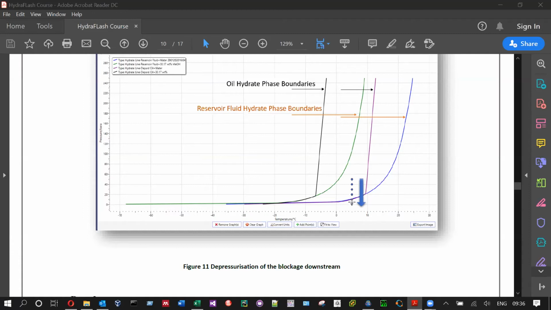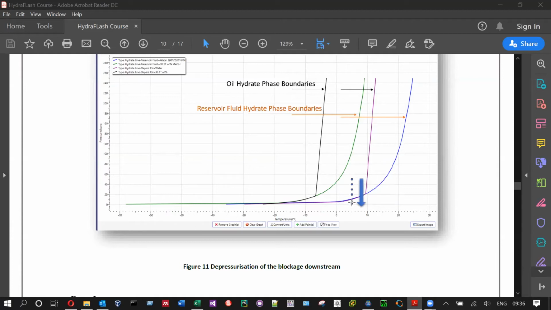Now the gas will migrate out of the pipeline. So for the remaining oil, we can flash the oil at the depressurization condition and calculate the remaining oil composition.